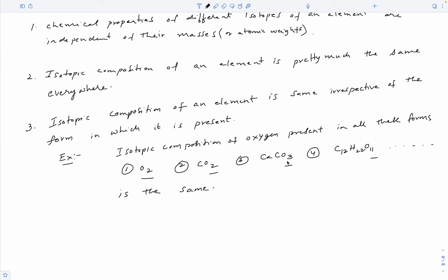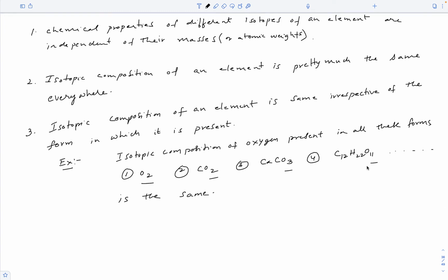It is present in the form of minerals in Earth's crust. It is present in the form of water in lakes, rivers, and oceans. It does not matter in what form it is present in. Its isotopic composition is the same in all these forms.